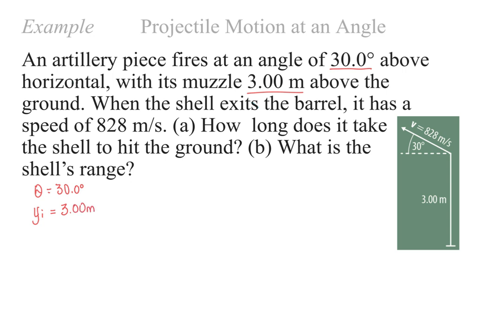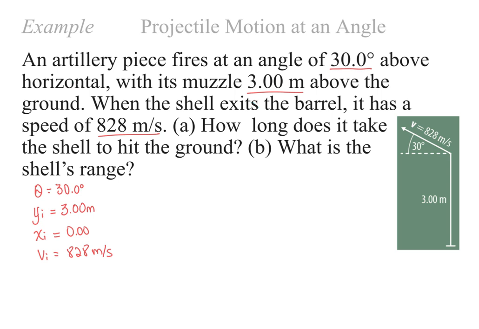Since they do not tell me any movement, you assume that your origin is where you're starting from horizontally, all right? So my initial X is not moving anywhere horizontally. It's starting at 0, all right? They did give us one more thing, which is 828 meters per second. That is an initial velocity.